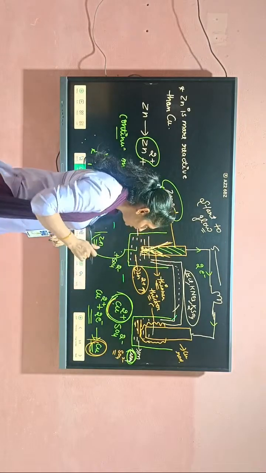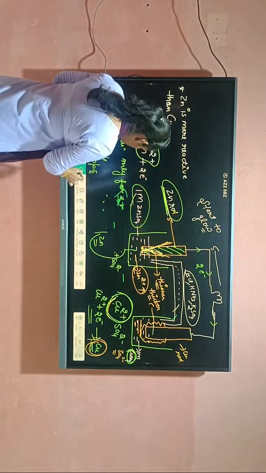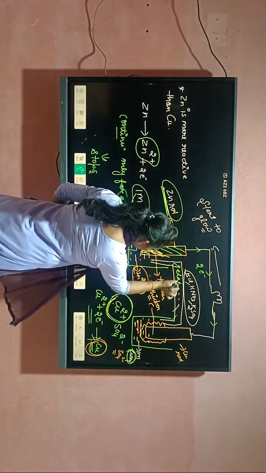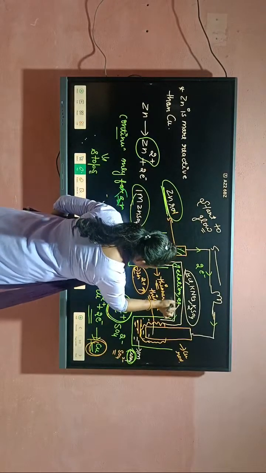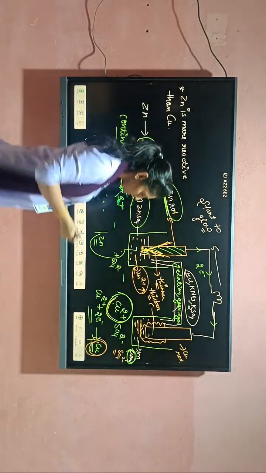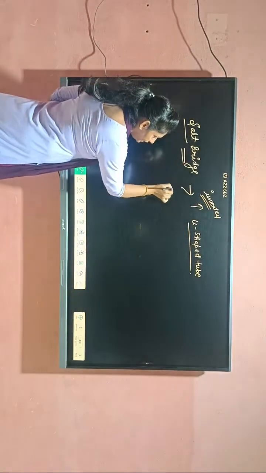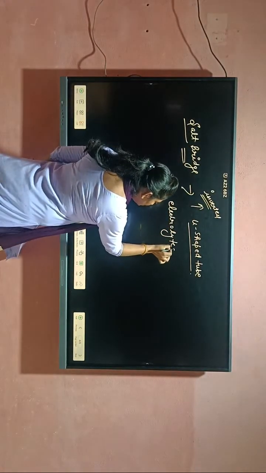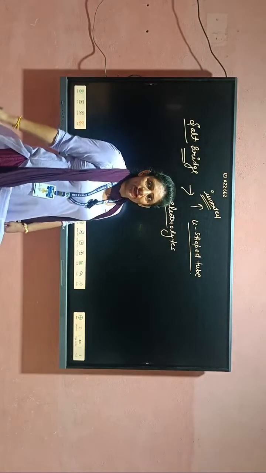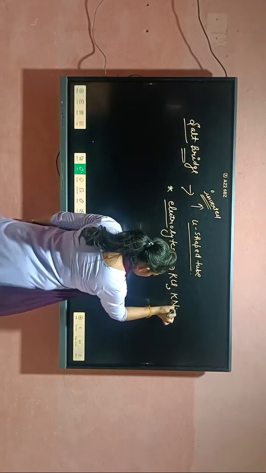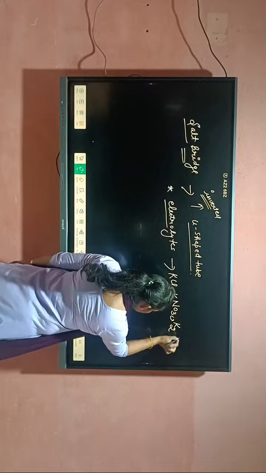And students, we will fill some solution like gelatin, like agar-agar solution in this tube. First thing, we will fill electrolytes like potassium chloride, potassium nitrate or potassium sulfate only.